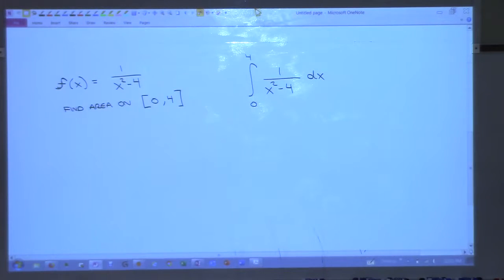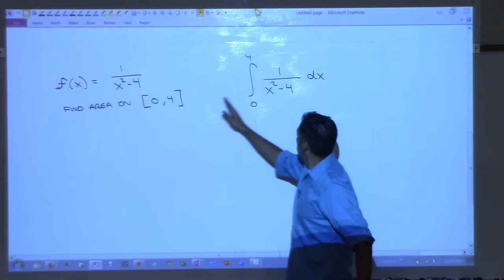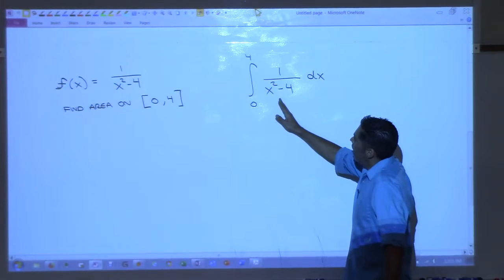Right? Does anybody see the issue? It's going to have 0 in the denominator at one point. Yes, your denominator is going to be 0 somewhere in that interval. We're going from 0 to 4, and if I go in here, I'm going to have a problem.